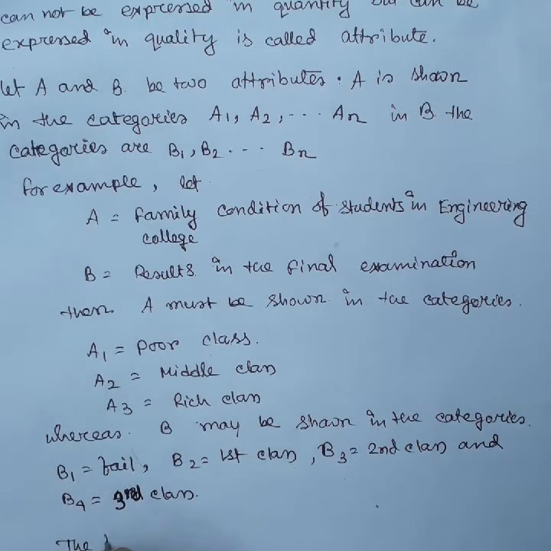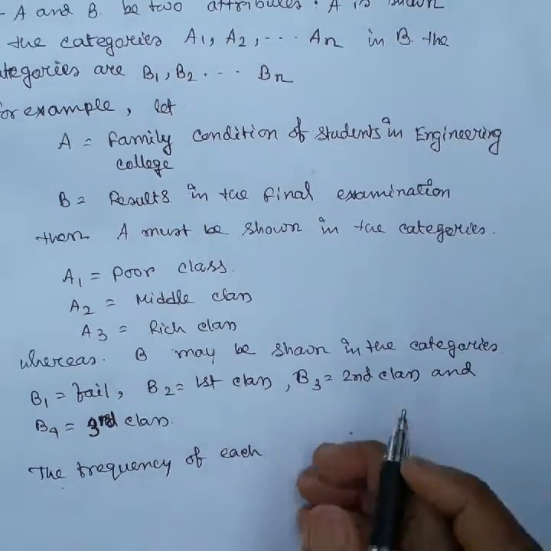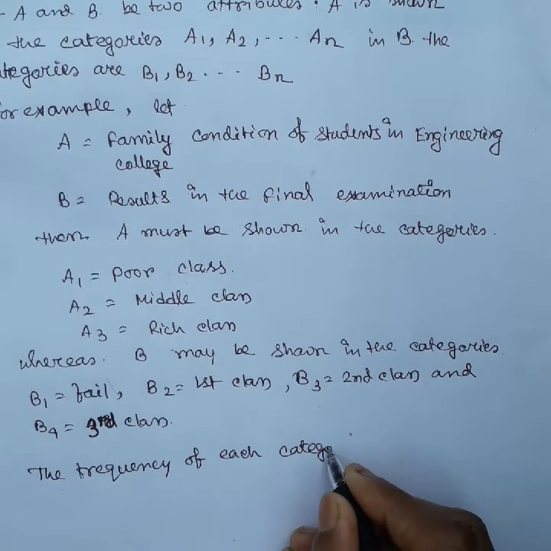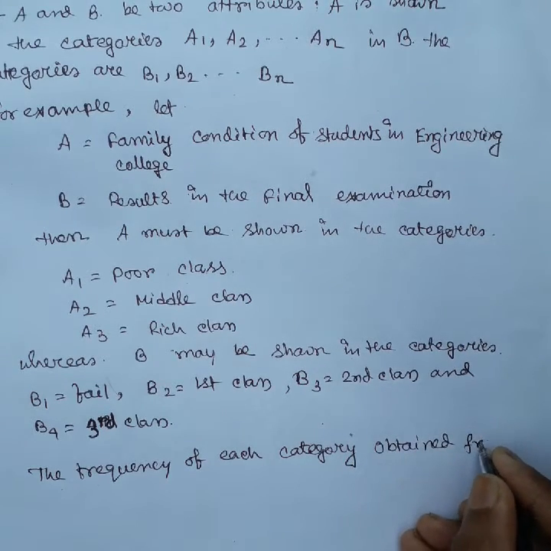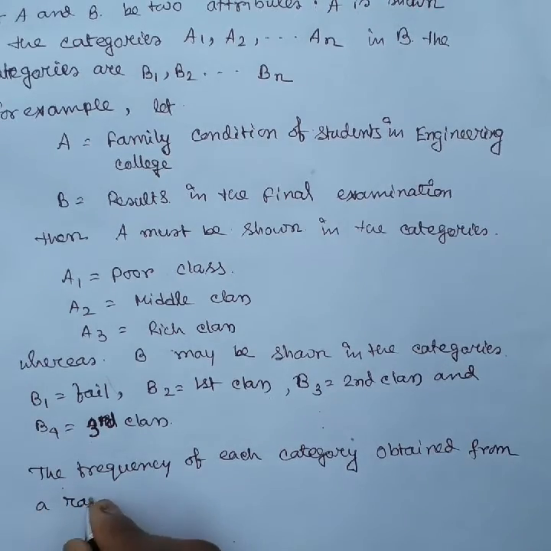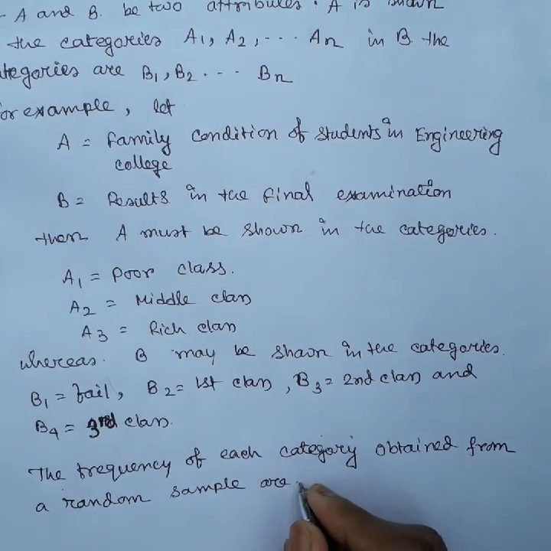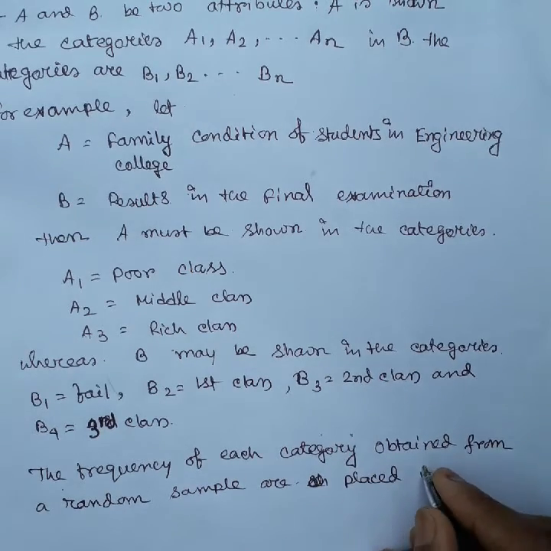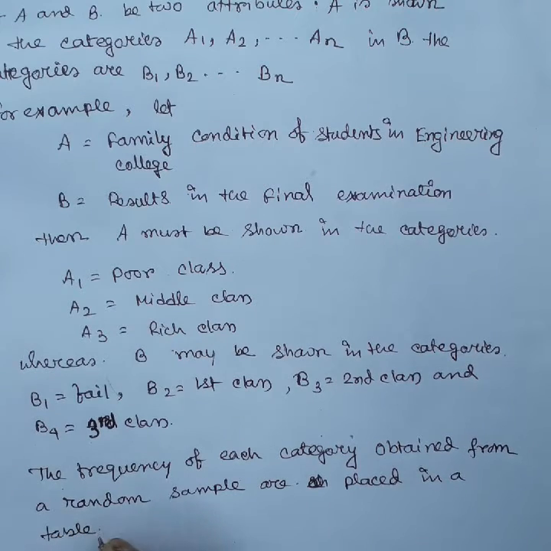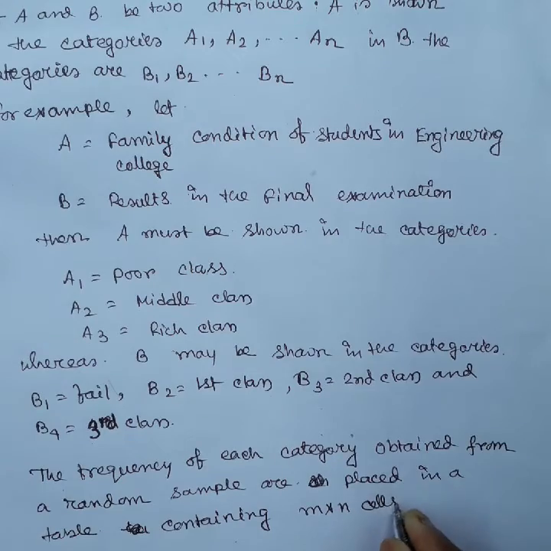So the frequency of each category obtained from a random sample are placed in a table containing cross cells.